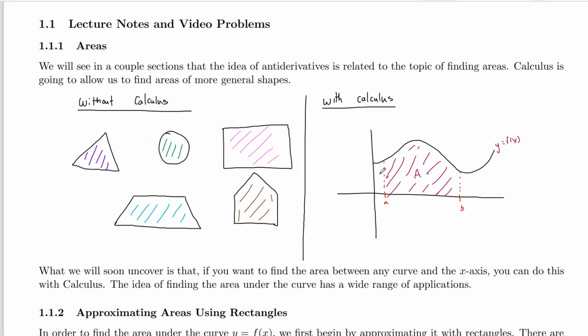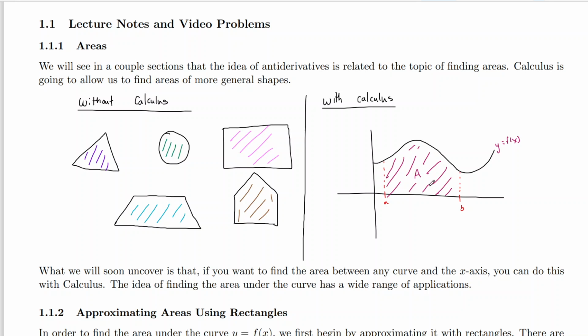So I want to find the area of this shape. Well, calculus, as long as we can work with this curve's formula, like let's say this is sort of like a sine function, but it could also be a lot of different things. There's many things we'll be able to find the area with.